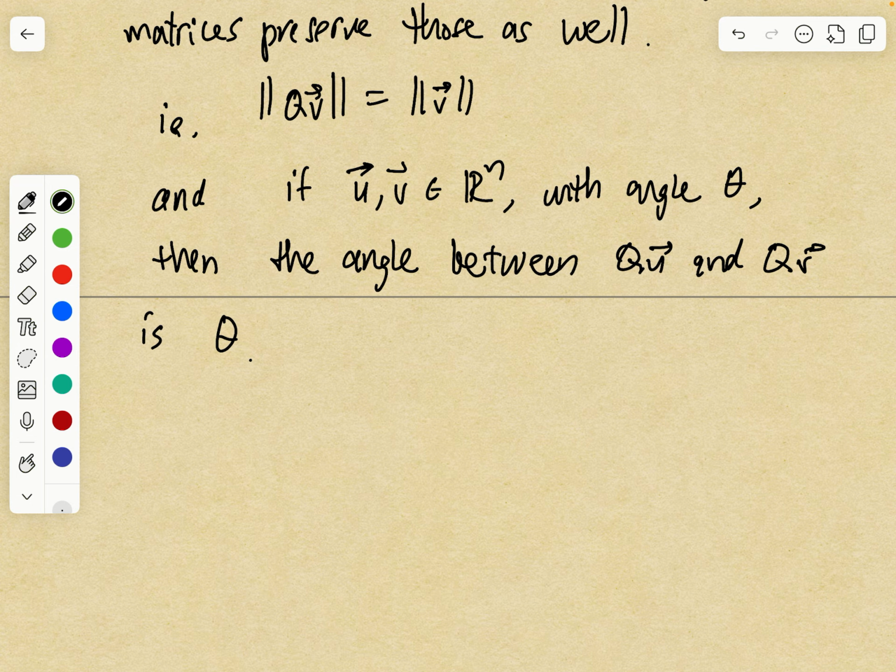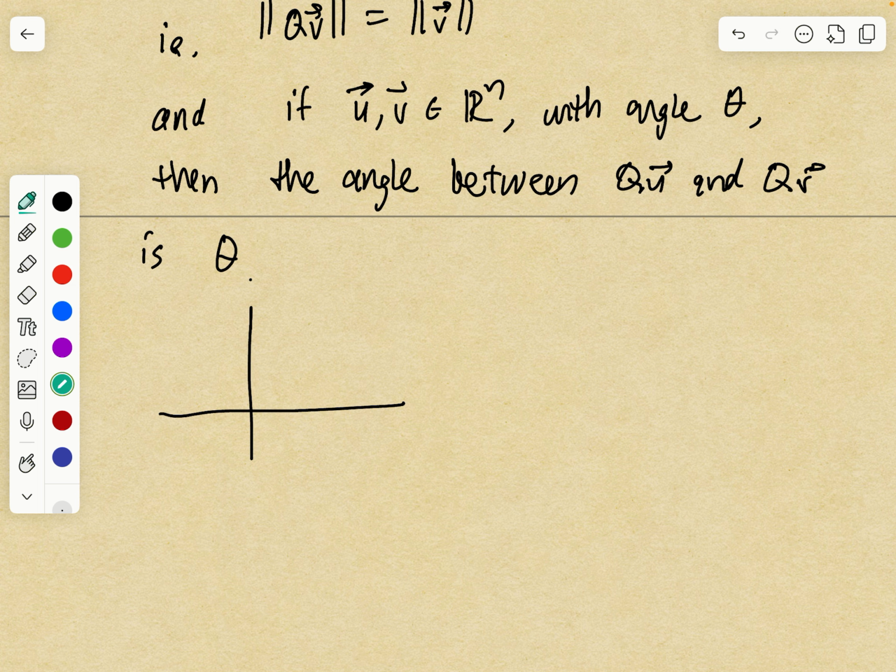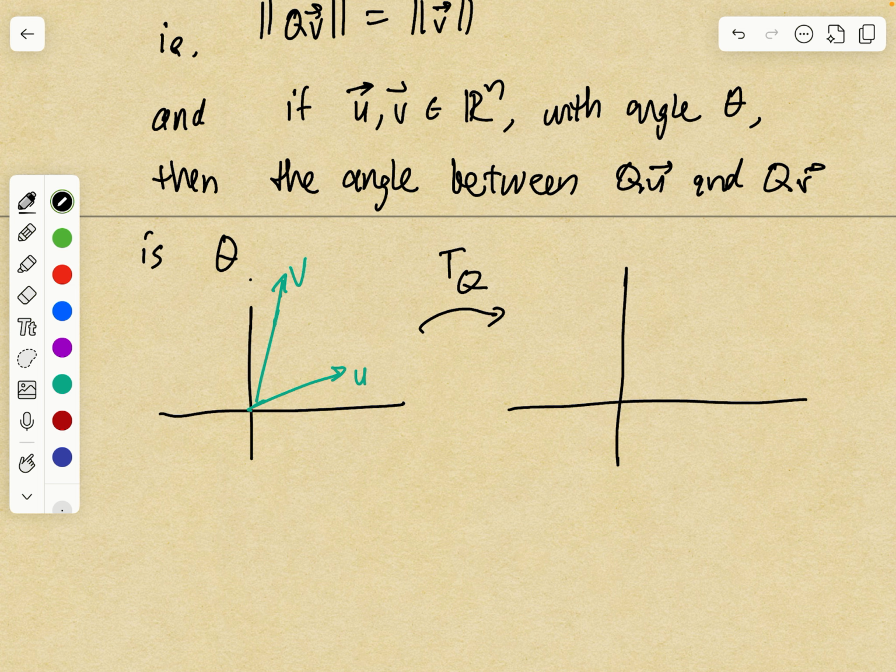Okay, so for instance in R2, if I have two vectors that are at a 45-degree angle with each other like this, so let's say I have U and V, then when I look at the output of multiplication by Q, that's the transformation T sub Q, the result of applying this transformation to U is going to be some vector with the same length as U. And then the angle between QU and QV must be the same.